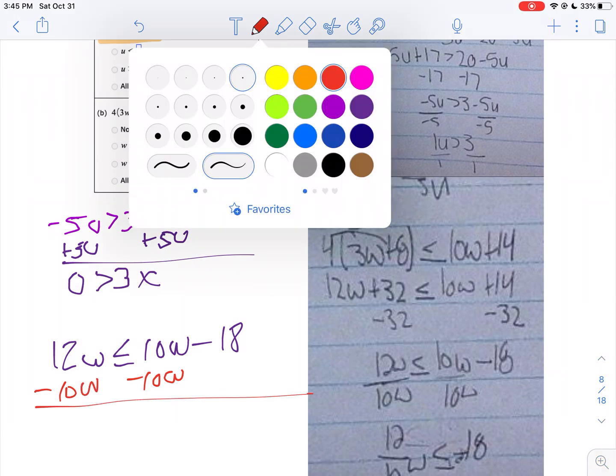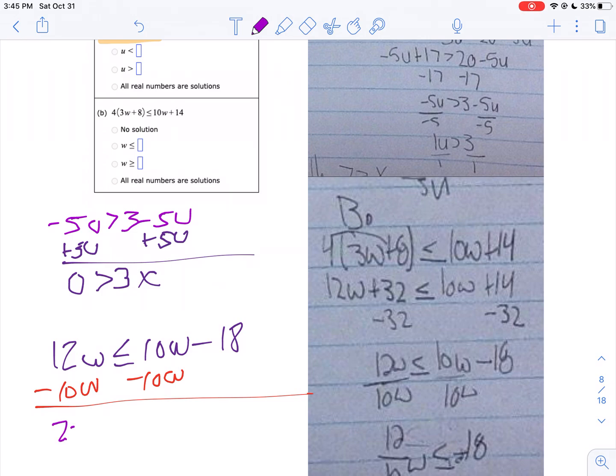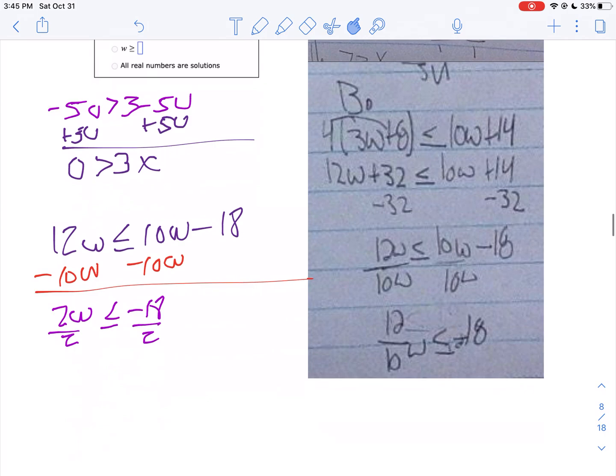At that point, we get 2w, because 12 minus 10 is 2, is less than or equal to negative 18. Now divide by 2. When you want to get the variable by itself and you got a coefficient in front of it, that's what we do. So the 2's reduce and you get w is less than or equal to negative 9.